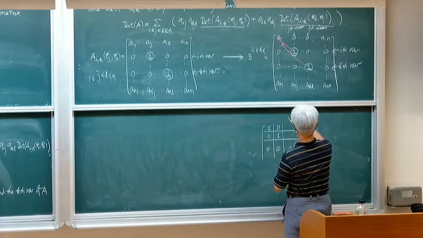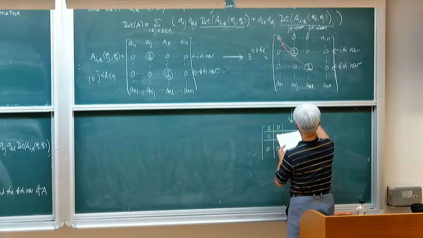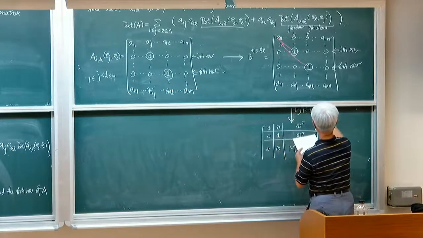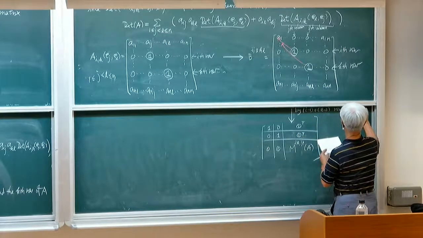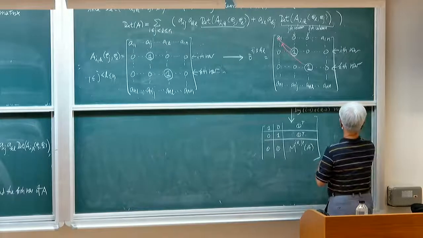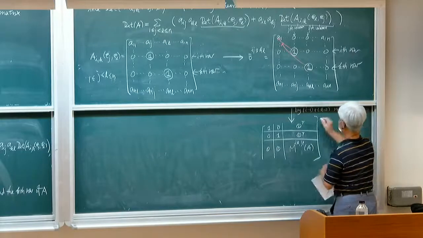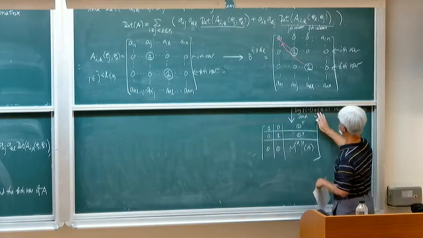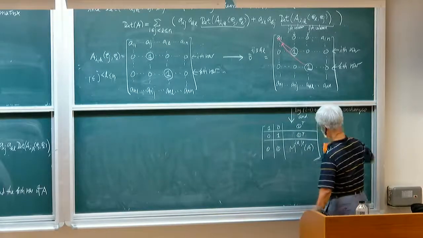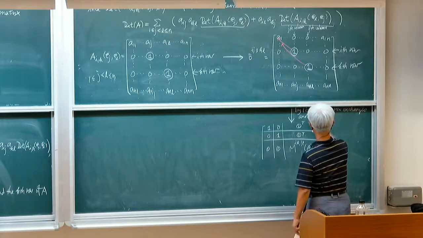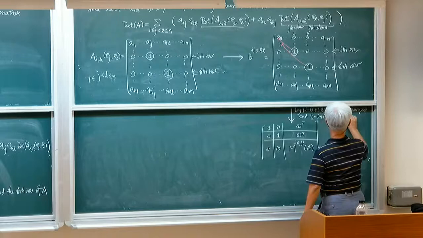So we were by i minus 1 plus k minus 2 row operations, row exchanges, and j minus 1 plus l minus 2 column exchanges.